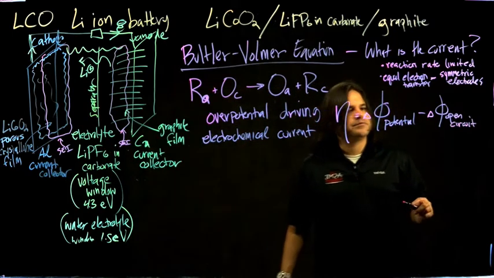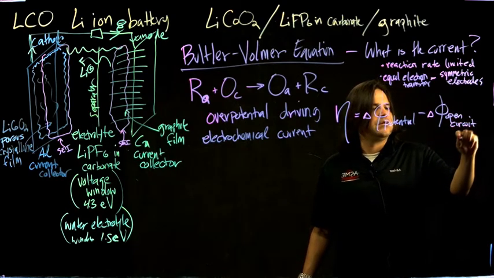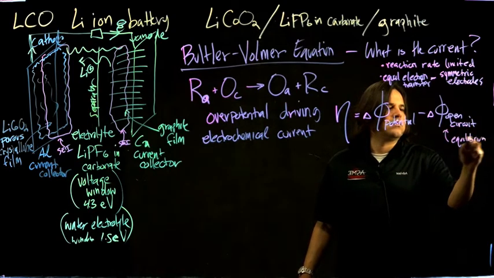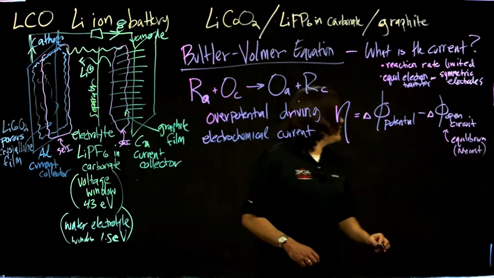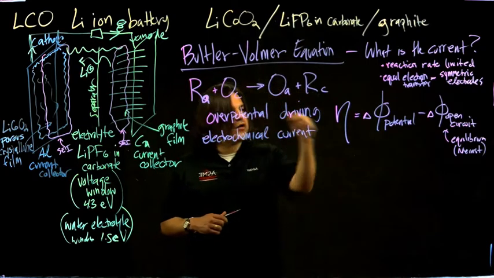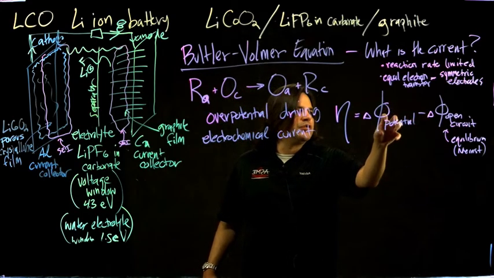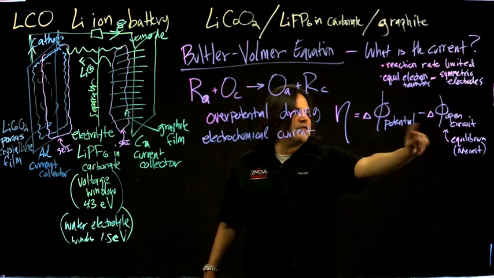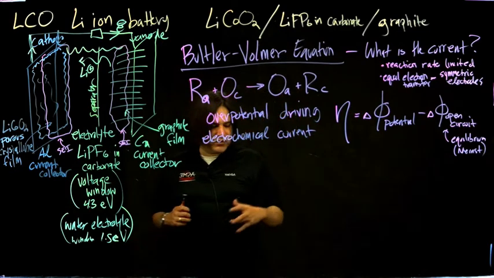So this is equilibrium, this is the Nernst equation. We talked about that before. So basically if you have a certain natural potential, you can induce this circuit to have more potential, and the difference between the equilibrium value and what you apply is the overpotential. So the more overpotential you have, the faster the current.